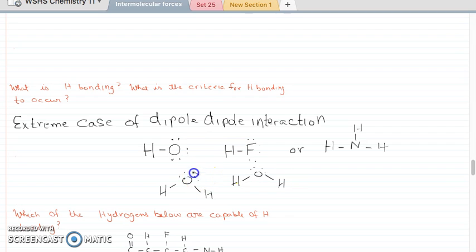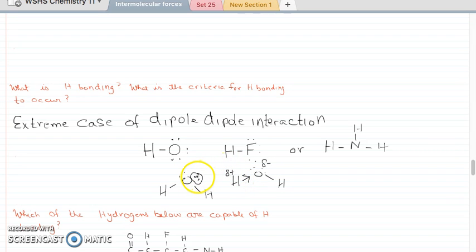You have these lone pairs of electrons on oxygen, and these would obviously be negatively charged. And you have a partial positive charge on the hydrogen here. That partial positive charge results because the oxygen is highly electronegative and it is pulling the electron away towards itself. That gives it a positive charge.